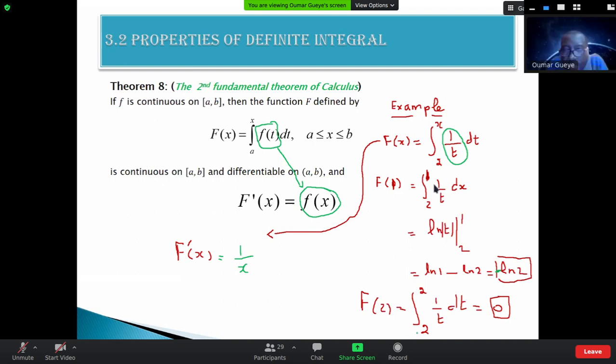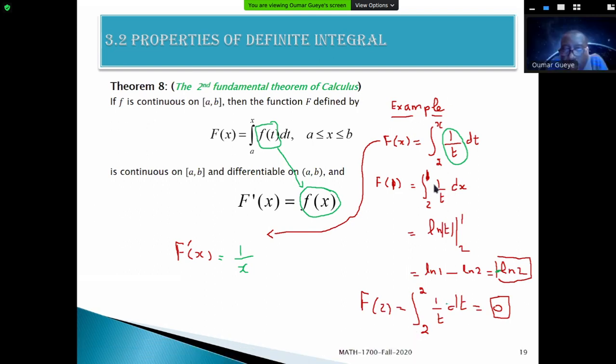This one, for the example? Yeah. It's dt. That's what I wrote here. It's just a typo. All right, thank you.